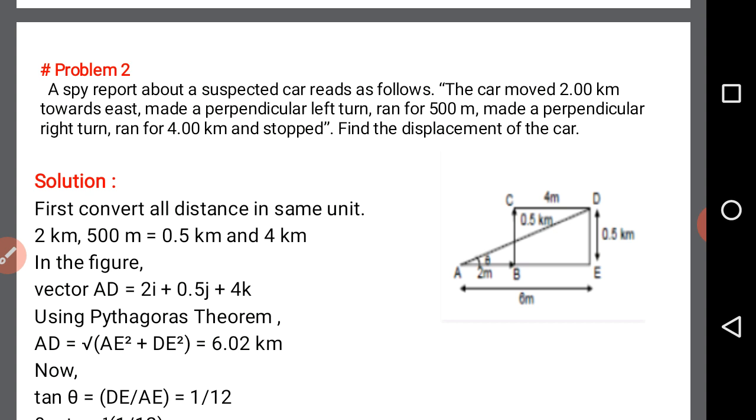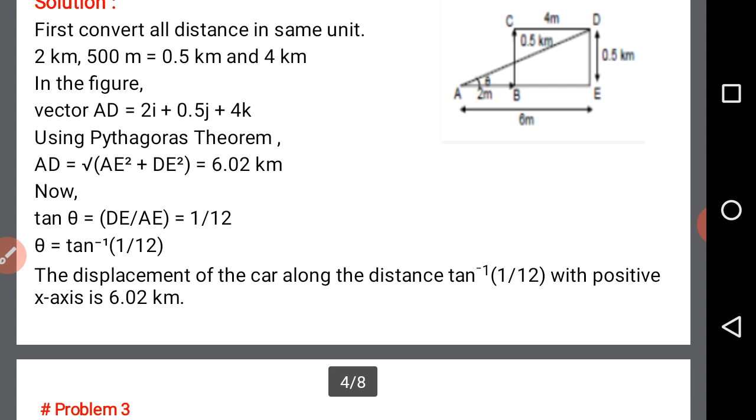AD is equal to 6.2 kilometer. Then you can find tan theta, that gives you the direction. Tan theta is equal to DE, opposite side upon adjacent side, that is equal to 1 upon 12.